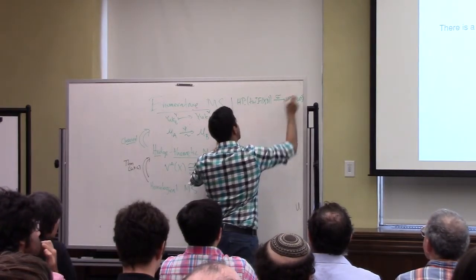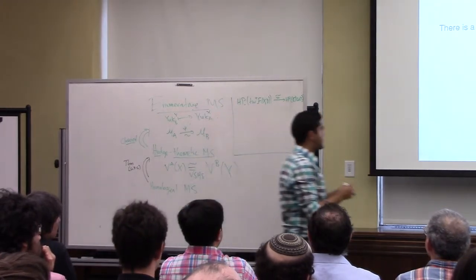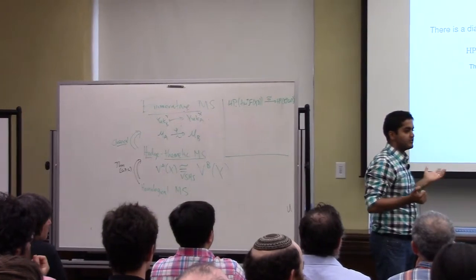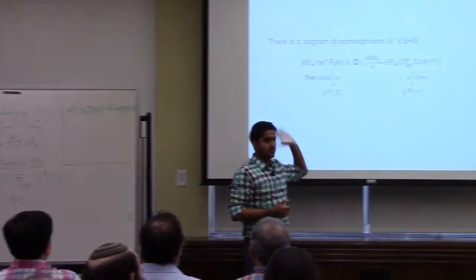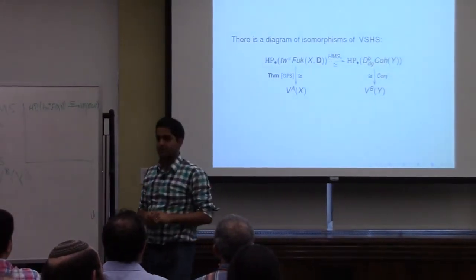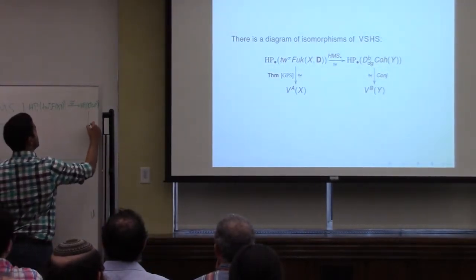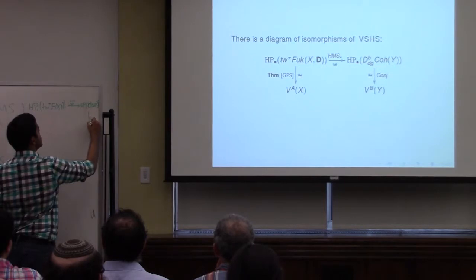At the top, we have these categorical variations of semi-infinite Hodge structures. Because of Morita invariance, they're isomorphic to each other, associated to the Fukaya category and coherent sheaves. I mentioned that our result is reliant on a conjecture. I'll explain that in a second.